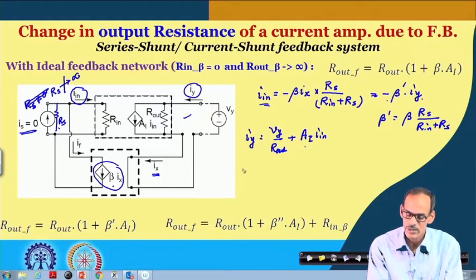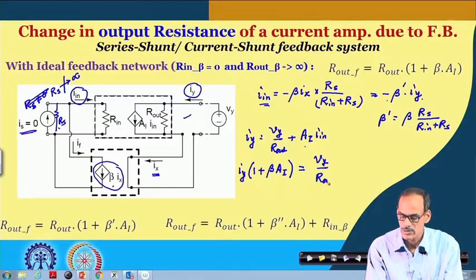So, that we can take at the left side. So, again we are getting the relationship between I y and V y in this form: I y multiplied by 1 plus beta dashed into A I equals V y divided by R out.